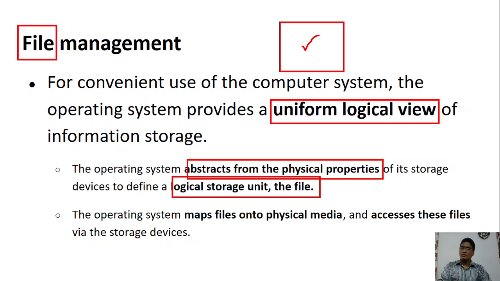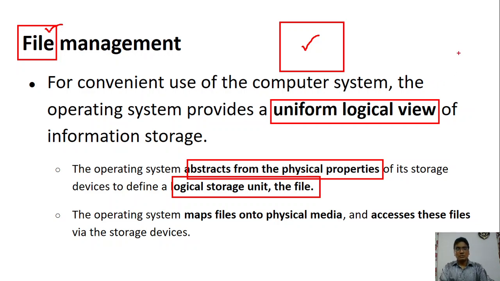It's a logical unit, and you just bother about the file. Whether it is a picture or audio, you store it in the form of a file and give a name to that file. Tomorrow, if you want that information, you tell me the name of that file, and I'm going to retrieve it.